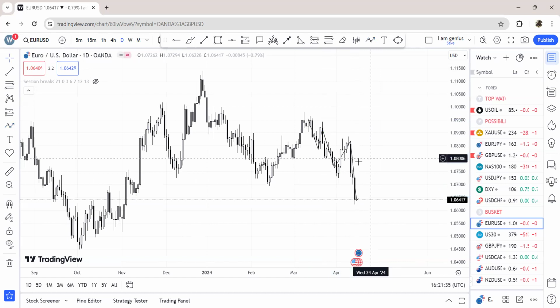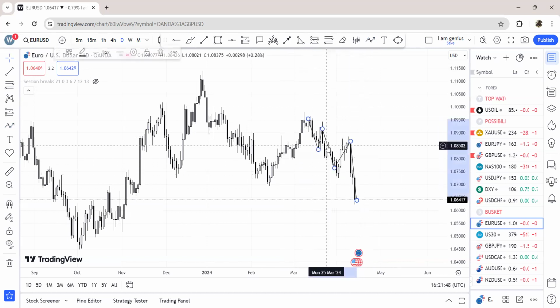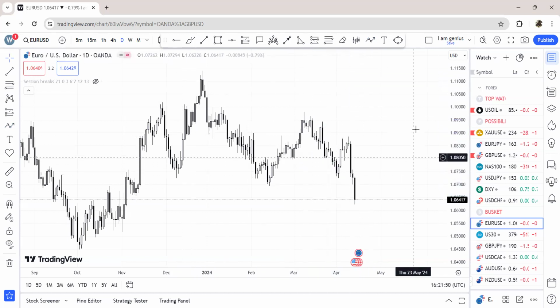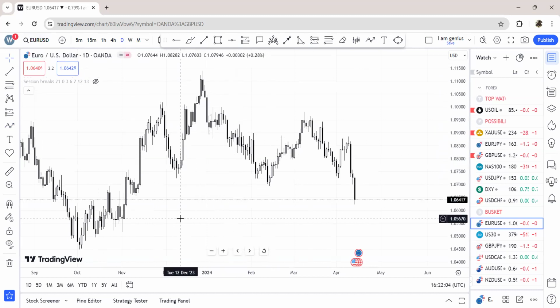So you can see that the market was making lower lows, these lower lows, and lower highs, these ones here on top. And you can see that it failed to go past that level. So I can remove this. So this on the day time frame tells me that overall for Euro USD, the market is bearish, meaning it's going downwards.